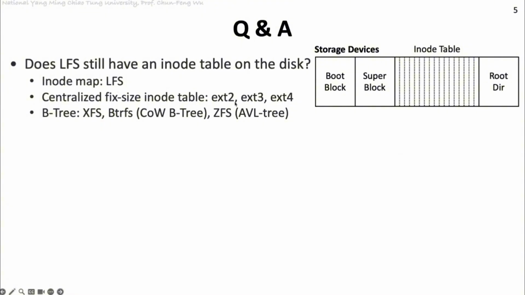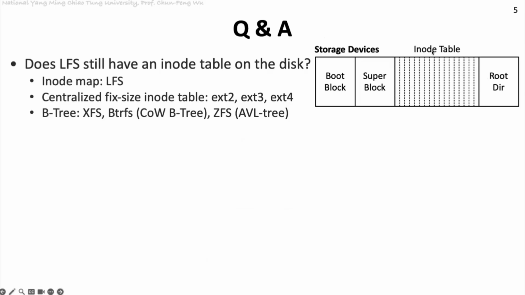The ext family, like ext2 to ext4, uses a centralized fixed-size inode table. This is the same as what is drawn in the figure: the inode table is contiguous and has a fixed size, and it is widely used in the ext family.